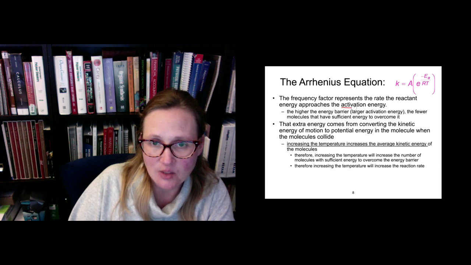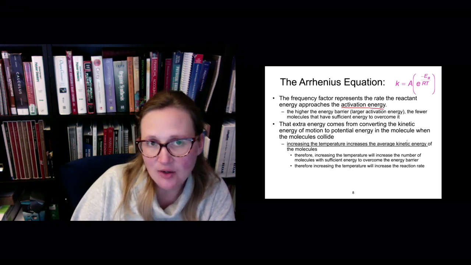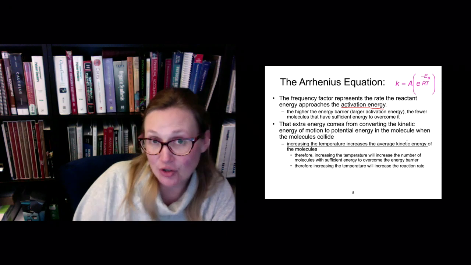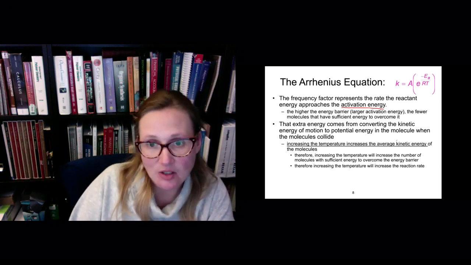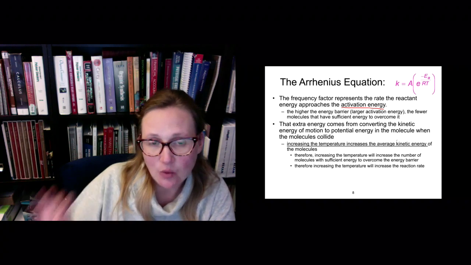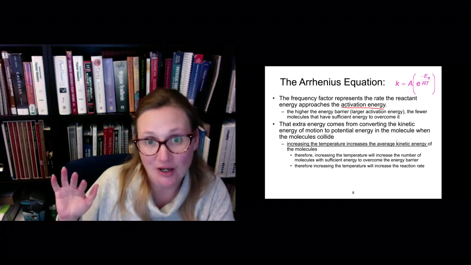Okay, so as we approach that activation energy. And of course, the higher the energy barrier, the larger the activation energy, the fewer molecules that have enough energy to overcome it. Okay, so we're still thinking of the activation energy as a barrier, right?